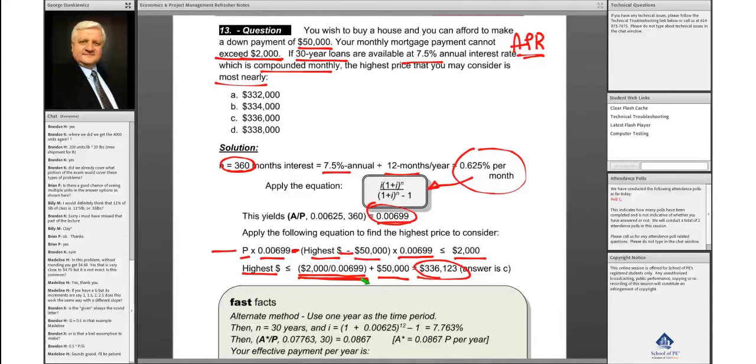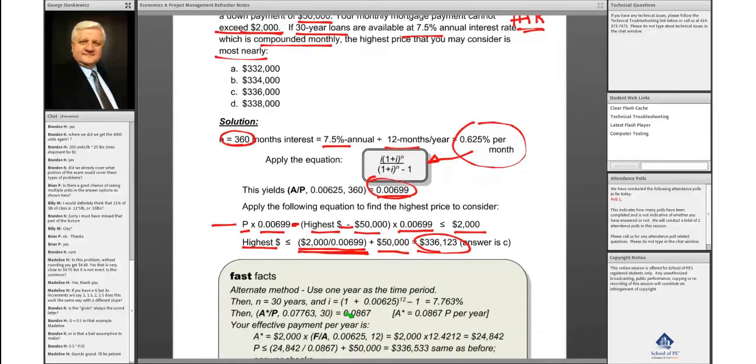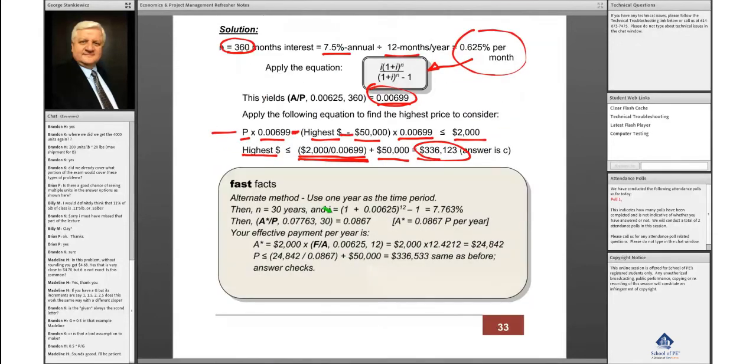An alternate way, there are many ways to calculate any of the questions on the exam, and in this particular case, there's an alternate method, and it uses 1 year as the time period. So you have n equal to 30 years, you get to 7.763%. You create an AP.